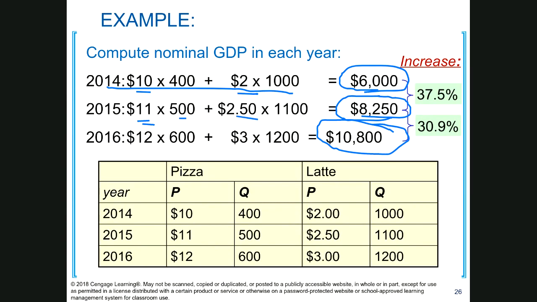Sometimes the quantity might not go up, sometimes it goes down, but we calculate with the current prices, and each year becomes different. Now we say, okay, we jumped about 37.5% from 2014 to 2015. This jump here is the economic growth, so our GDP grew that much. And from 2015 to 2016, we grew almost 31%.